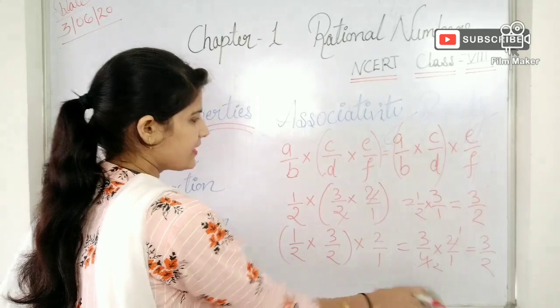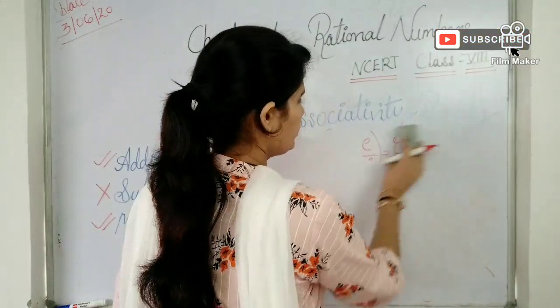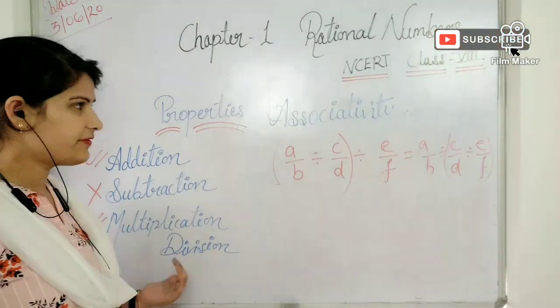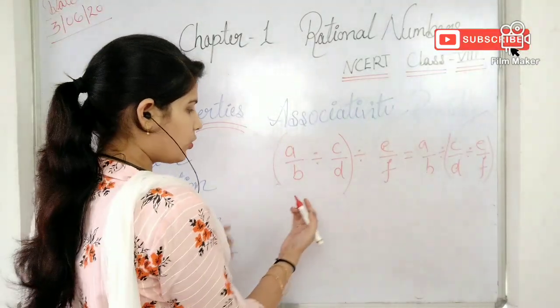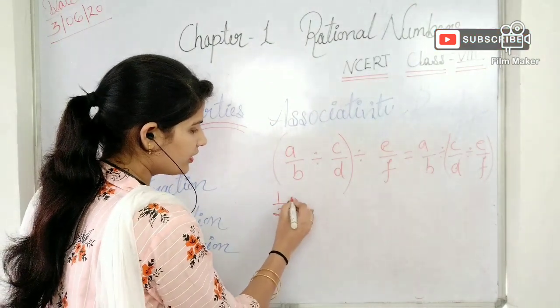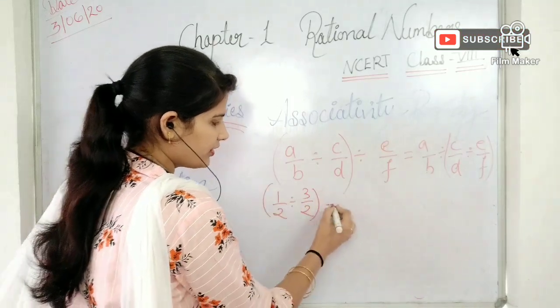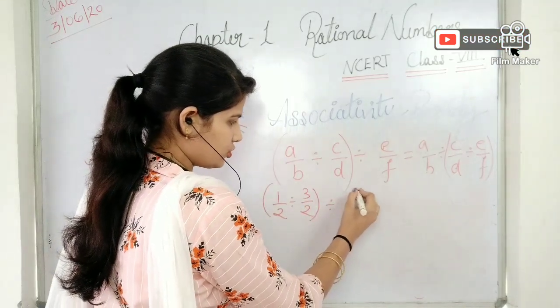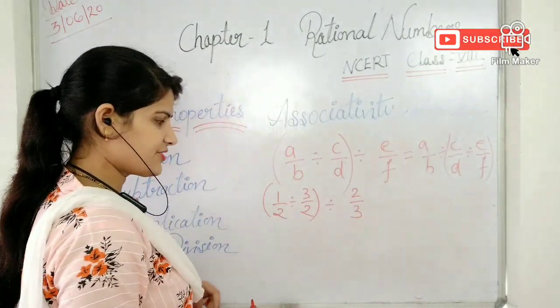Now check in division. Check whether division is associative, yes or no. So now take one example. 1 upon 2 divided by 3 upon 2 divided by 2 upon 3. Let's check.